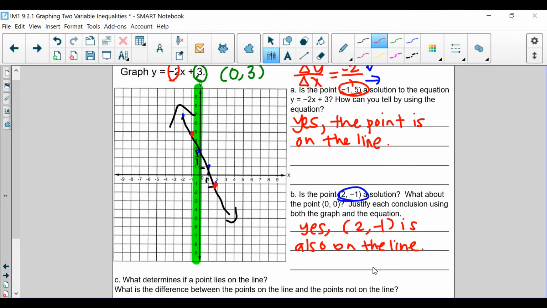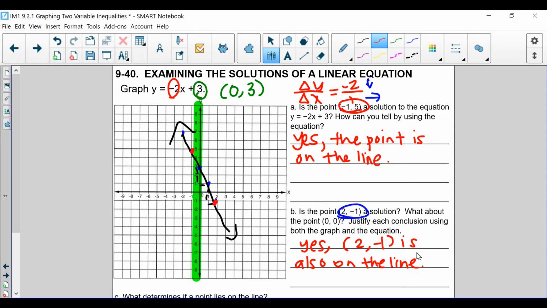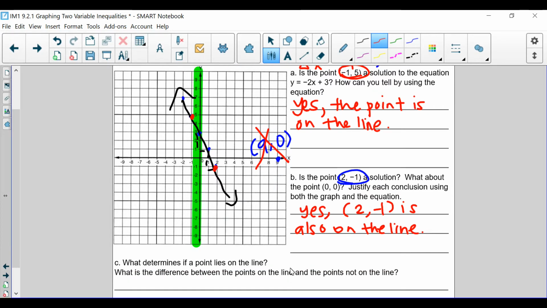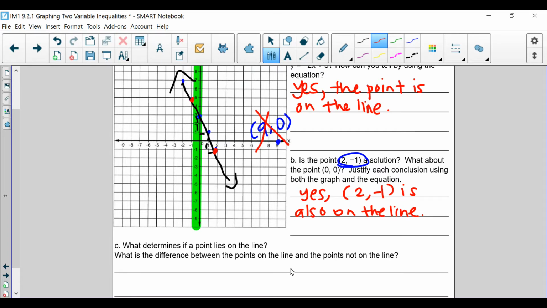Now let's ask ourselves, what about 9, 0? Is 9, 0 considered a solution? And we'd say no, because it's not on the line. So what determines if a point lies on the line? What is the difference between points on the line and points not on the line?